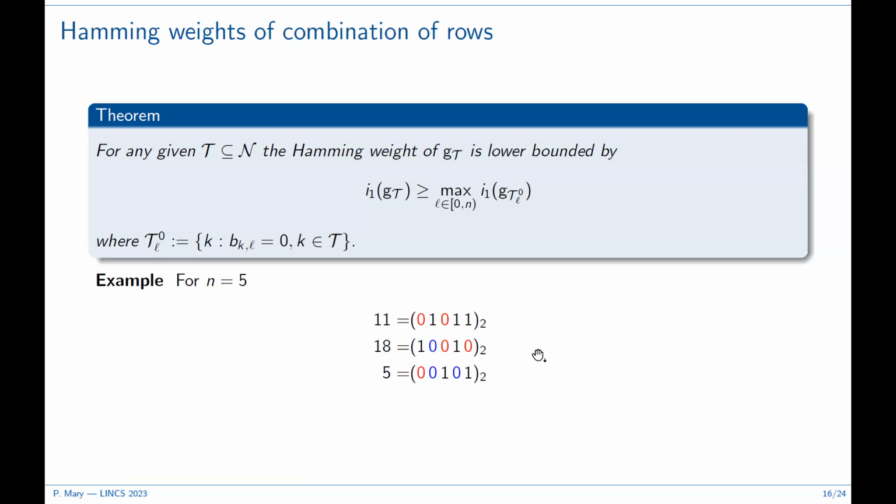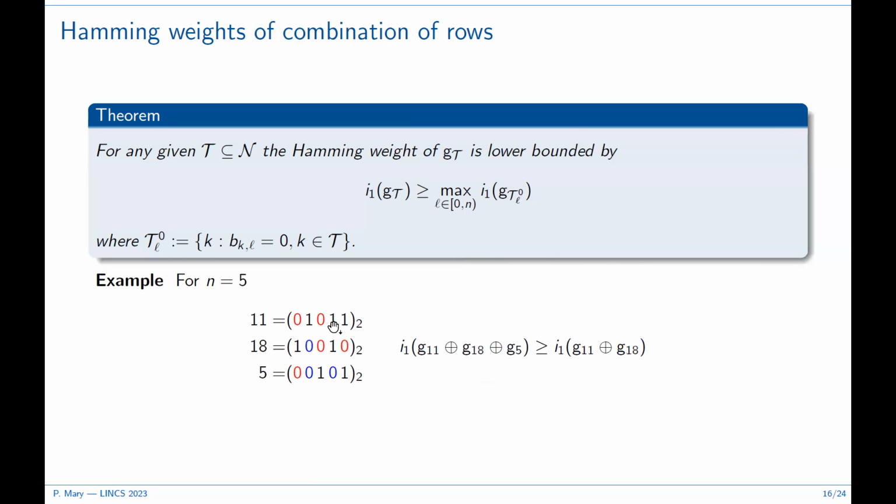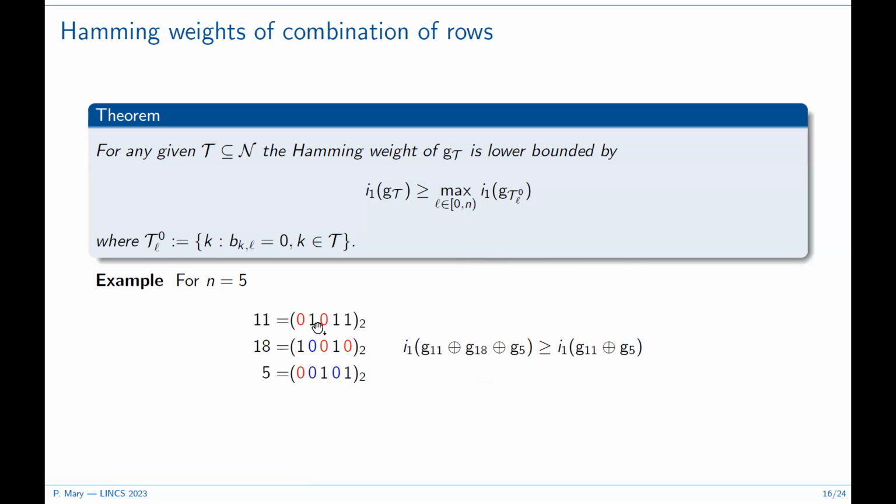And the Hamming weight of the summation of the rows 11, 18, and 5 is necessarily larger than the Hamming weight of G18, because we have a 0 here. It's larger than the summation of 11 and 18, and so on.